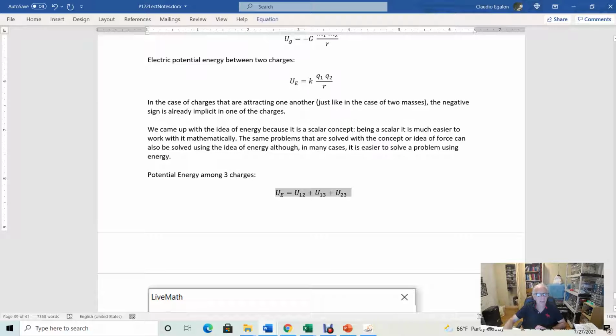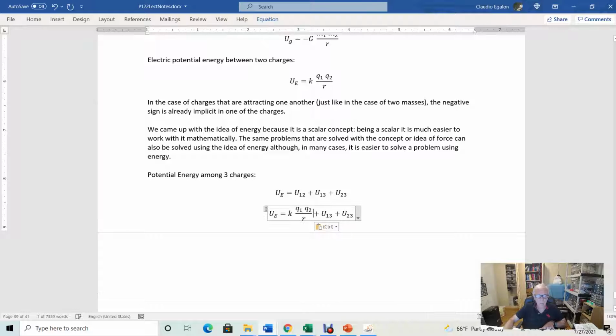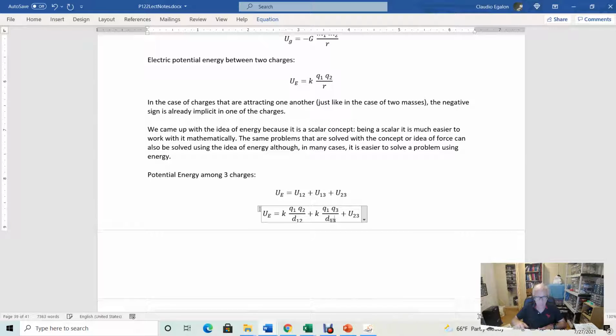And then we can go ahead. Okay, for Q1 and Q2, the distance is D12, so we replace the r by D12. Next one, the charges are 1 and 3. We replace this one by D13.